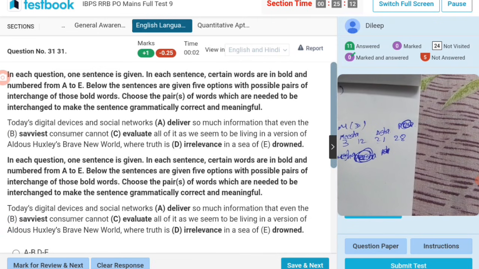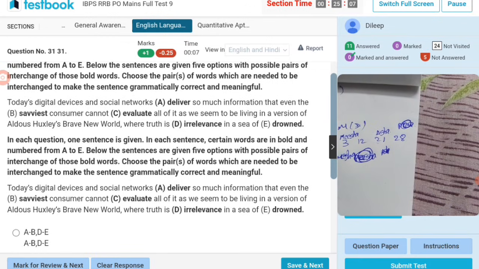Next, today's digital devices and social networks deliver so much information that even the version of soul where truth is the erroneous consumer.